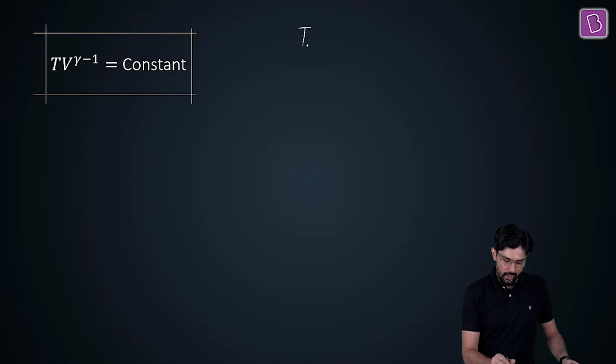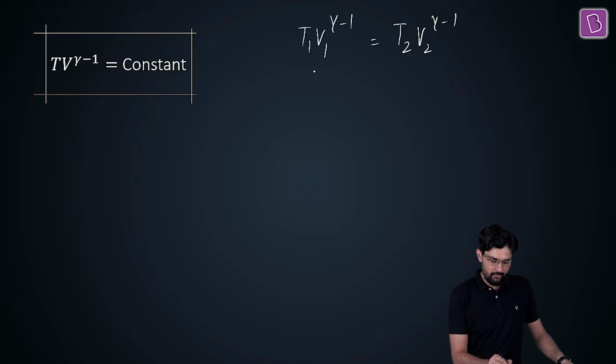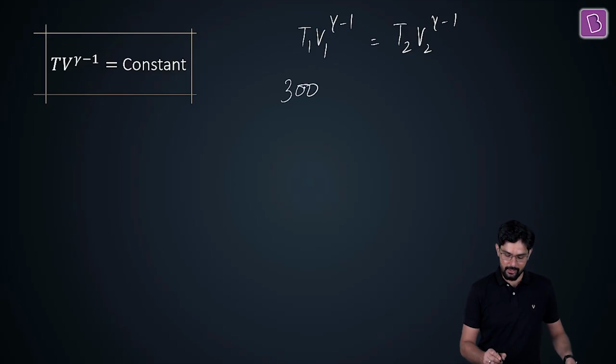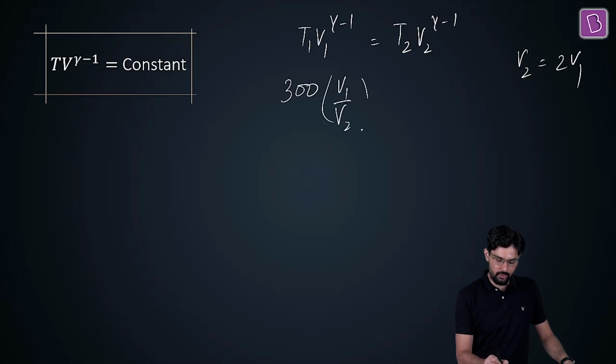So T1 V1 raised to gamma minus 1 is going to be equal to T2 V2 raised to gamma minus 1, right? Where we have T1 as 27 degrees Celsius, which in Kelvin is 300 Kelvin, right? And according to the question, V2 is 2V1. So V1 by V2 raised to the power gamma minus 1 times T1 is the final temperature T2. And V1 by V2 is 1 by 2.